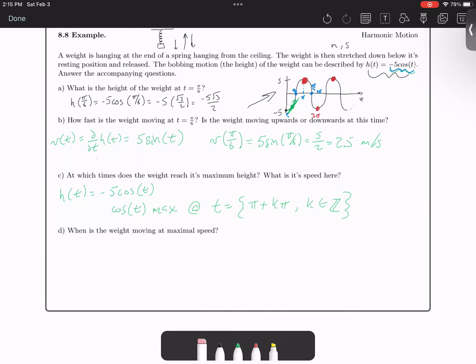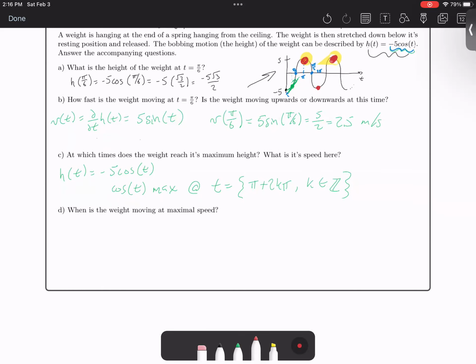Or that's not the y value, but the time value of 2 pi gives me another maximum of my height, except it's maximal in the negative direction. So in fact, if I only want to consider the maximums and not the minimums, I should change that to a 2k pi. So now we're only picking up pi and then not 2 pi, but 3 pi.